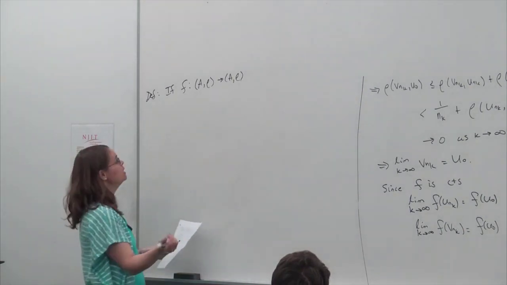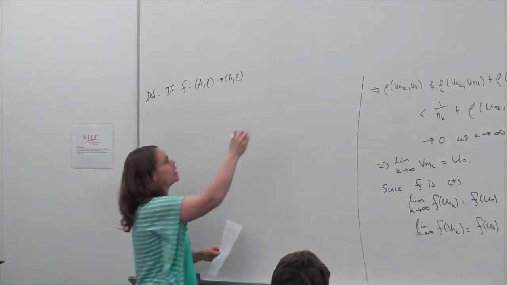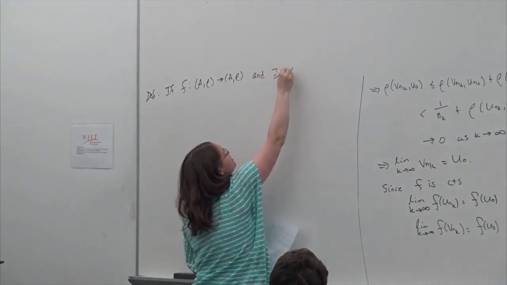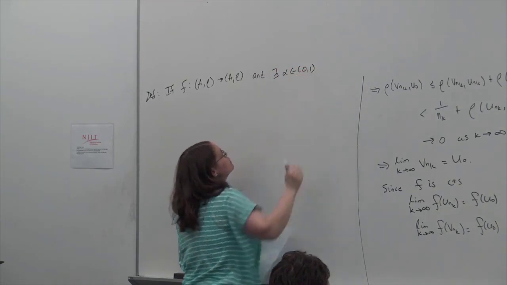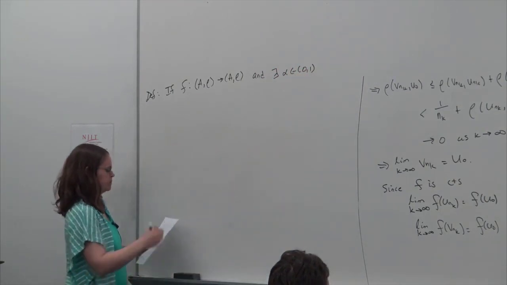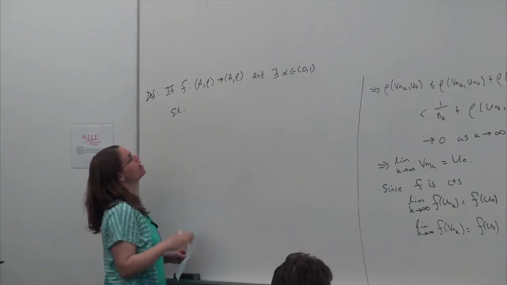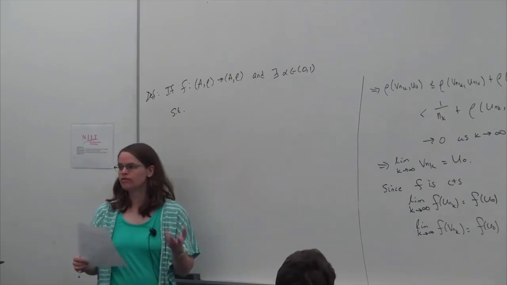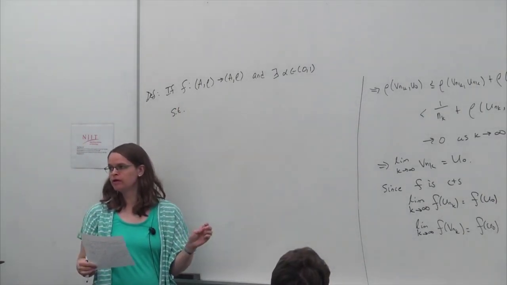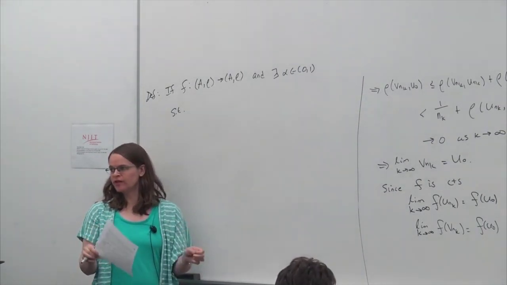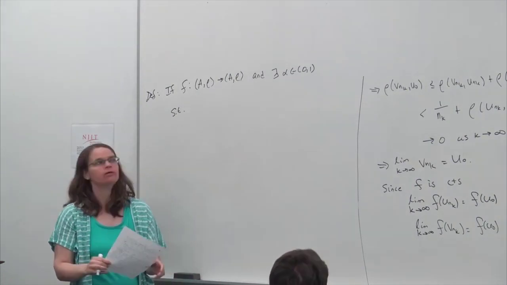Okay, so if I want to define this, I'm going to say that there exists some quantity alpha between 0 and 1, such that, I start with two points, say u and v, and they're some distance apart. Now I stick them both inside my function, and the results I get are closer together than before.